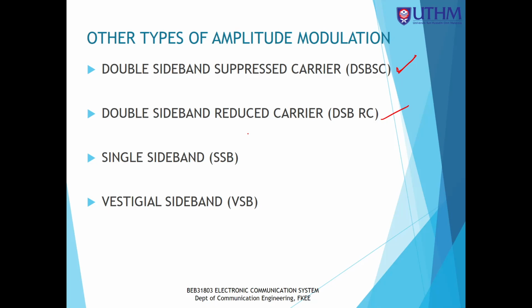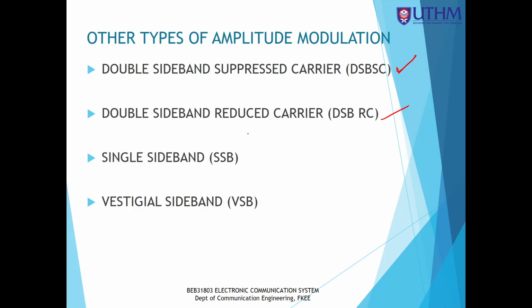Okay, so for AM double sideband full carrier, we have one carrier and then one pair of sideband. Where for the AM double sideband full carrier, the carrier amplitude is much higher than the lower sideband and upper sideband.